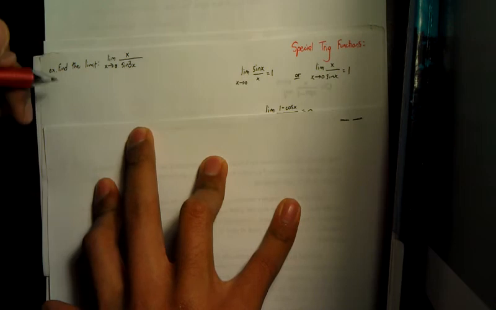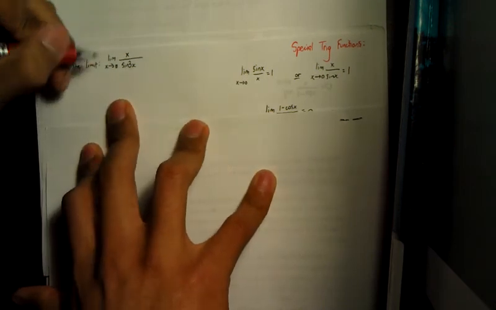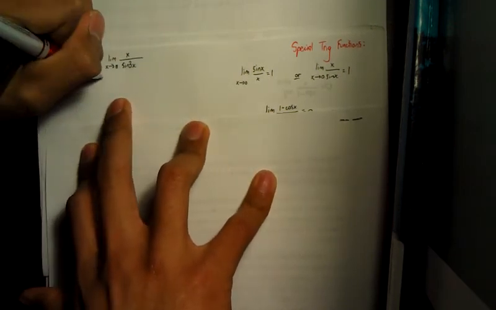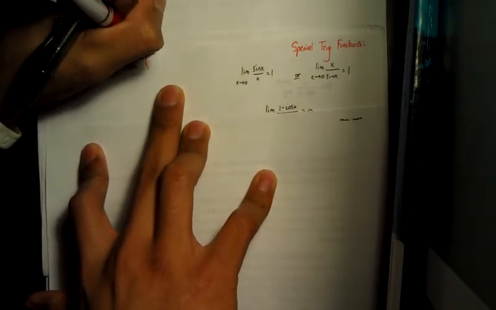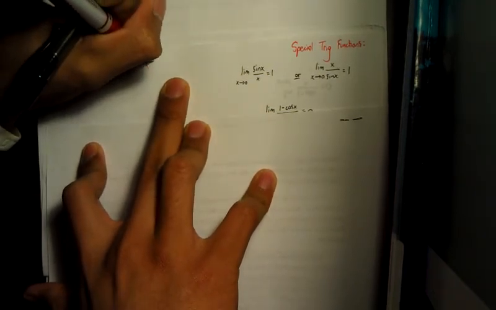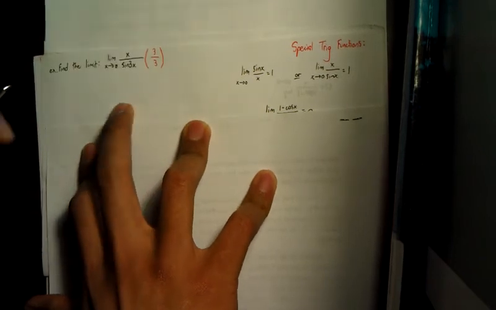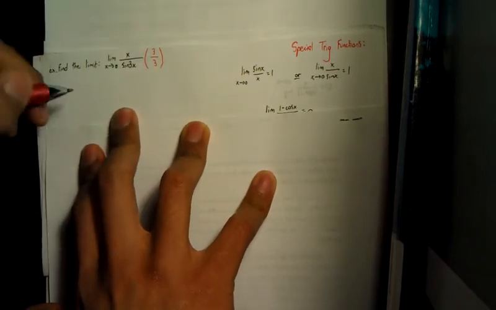In order to do that, because of the scalar multiple rule, you can multiply this function with 3 over 3.